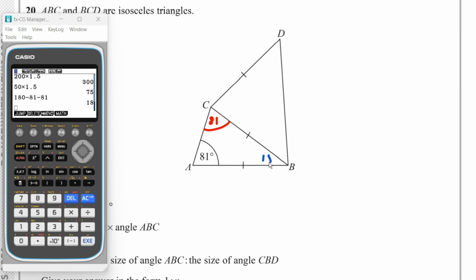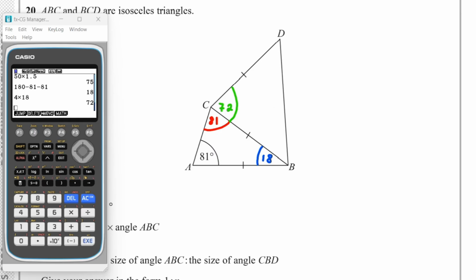So this angle is 18. Now we know that the angle BCD is 4 times this angle. So if I do 4 times 18, I get 72, meaning this angle is 72.